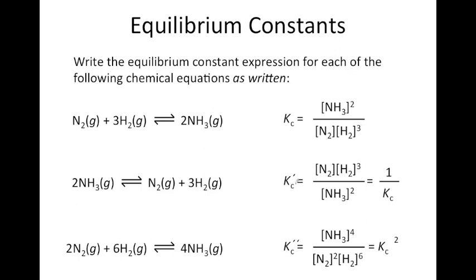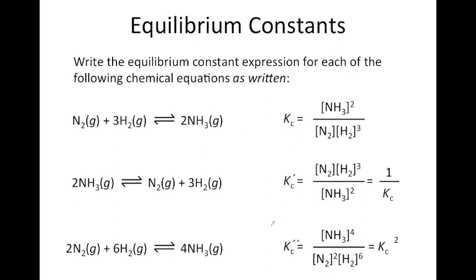The equilibrium constant Kc expression for the second one would be the products, in this case what's on the right, nitrogen to the first times the equilibrium concentration of hydrogen cubed, divided by the equilibrium concentration of ammonia squared. And the final one would be the concentration of ammonia at equilibrium to the fourth power, divided by the equilibrium concentration of nitrogen squared times the equilibrium concentration of hydrogen to the sixth.